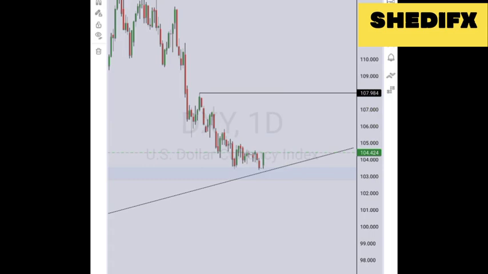So that's my anticipation on the daily time frame. We also have our double bottom here, where the second bottom took the lows of the last bottom. So let's go to our four-hour time frame.